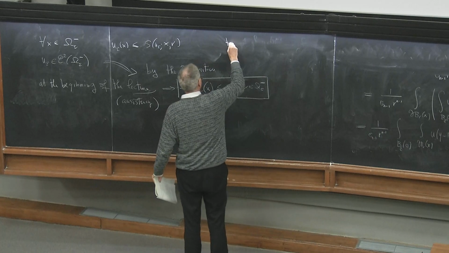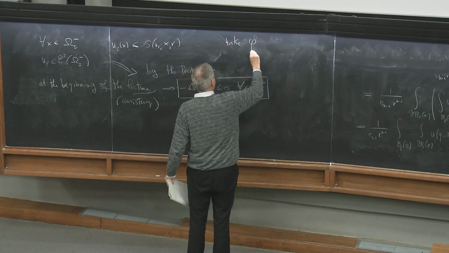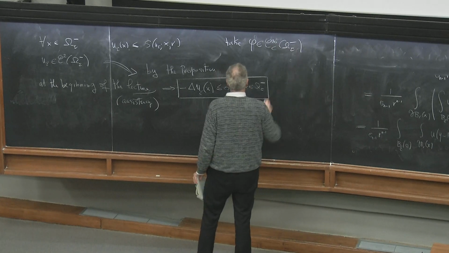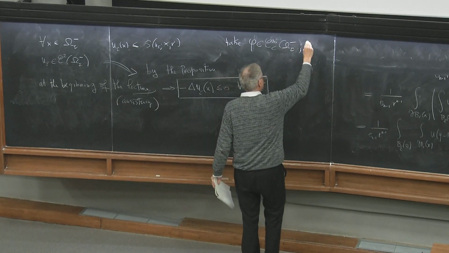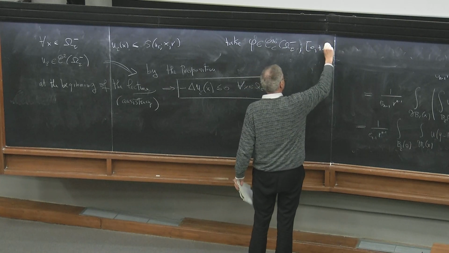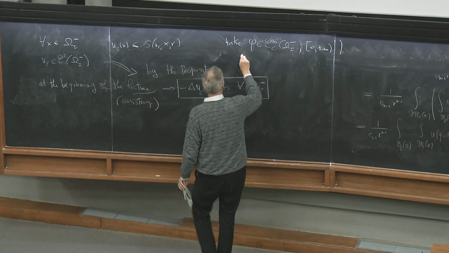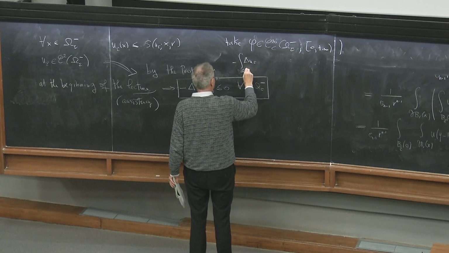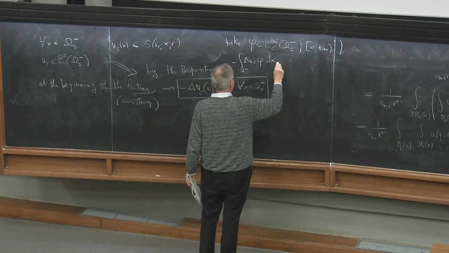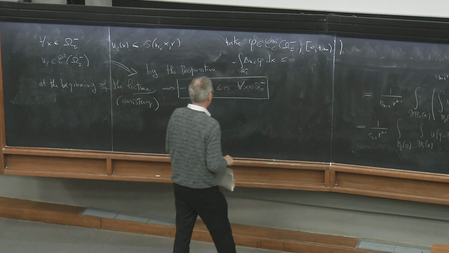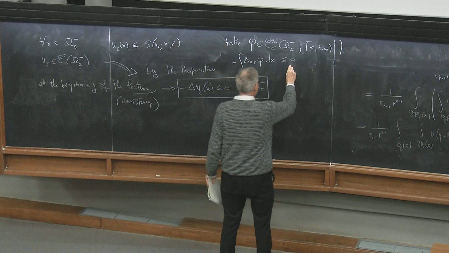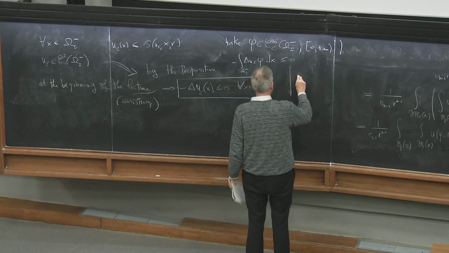Take phi non-negative. And so this means that we have the integral of minus Laplacian of u epsilon times phi dx less than or equal than 0. Now we can pass to the limit using the properties of convolutions.